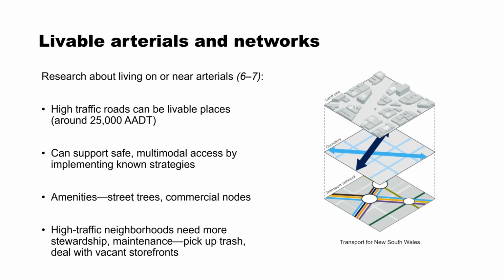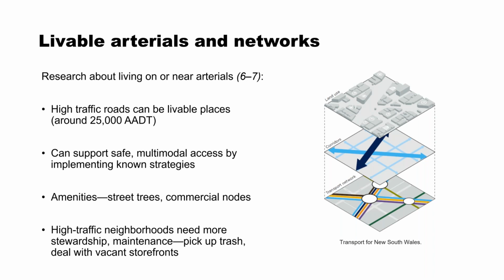Those amenities included street trees. They were in the context of successful commercial nodes. Sometimes they did have some vacancies, true, and that was a problem. But what this tells me is that if we were able to redistribute some of the higher traffic, we could still maintain that need for regional mobility. You're not going to get rid of all of the need for traffic at this moderate level.